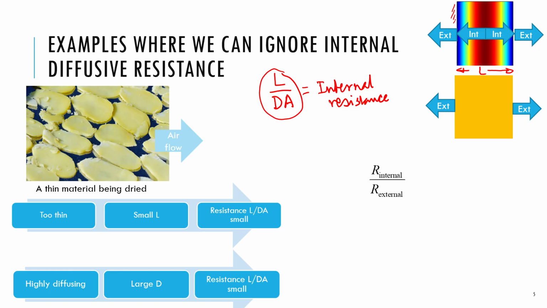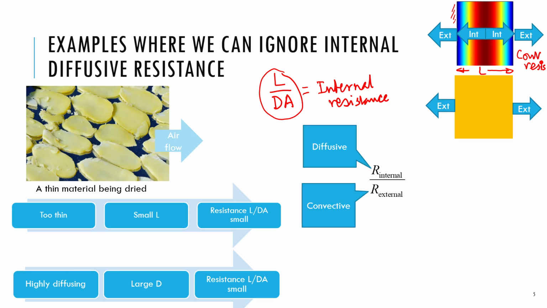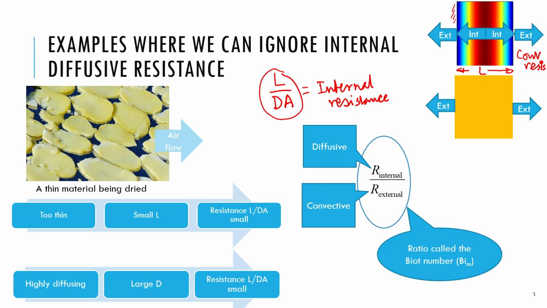So let's try to compare this internal versus external. External resistance here is of course convective resistance, outside resistance, and so this ratio, internal diffusive over external convective resistance, is called the Biot number, and for mass transfer it's written this way, which is the same as for heat transfer, except we have this K star which relates moisture in the solid at the surface to the outside.